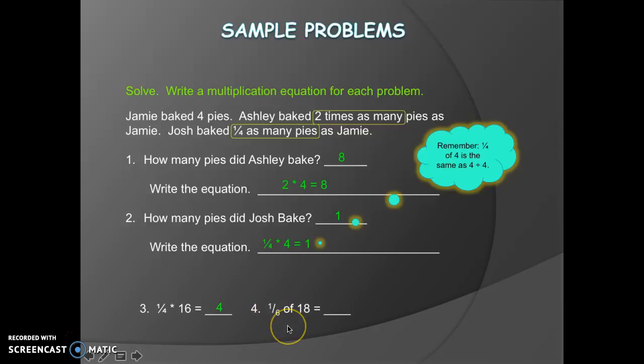One of those sixths is going to have 3 pieces. Let's say you have M&Ms and you divide them into 6 equal groups. Each group is going to have 3 M&Ms in it. If it's helpful to you, get some pennies or some marbles or whatever, some counters, and actually try this so that you can visualize it.